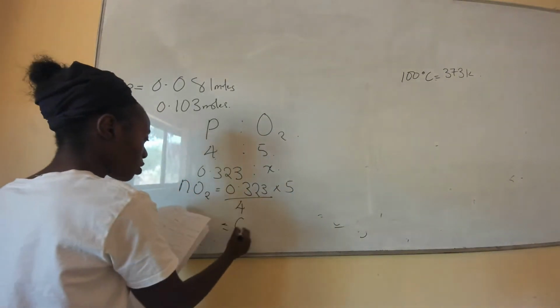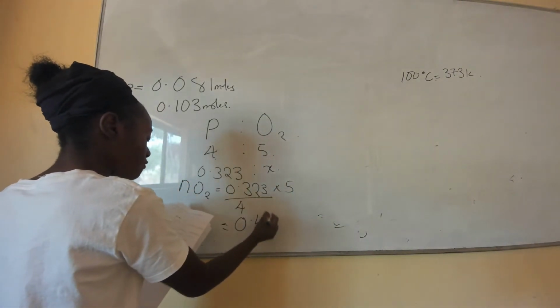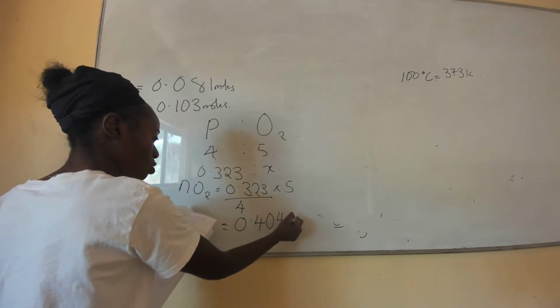So to find X, we're going to find X as 0.404 moles.